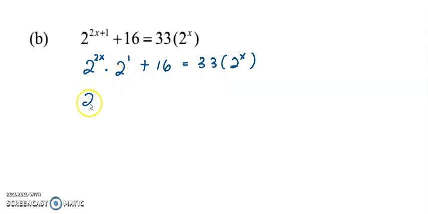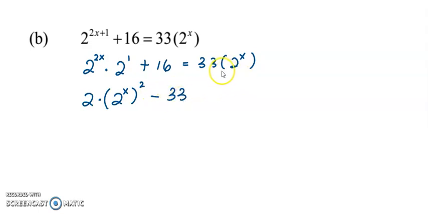So now I'm going to do it, but before I move everything to the left side, I see my first term can be simplified into 2 multiplied by 2 power of x, all to the power of 2. 2 power of 1 I move to the front, and the 2 power of 2x I write as 2 power of x to the power of 2, so that later on you will see that this is a quadratic form.